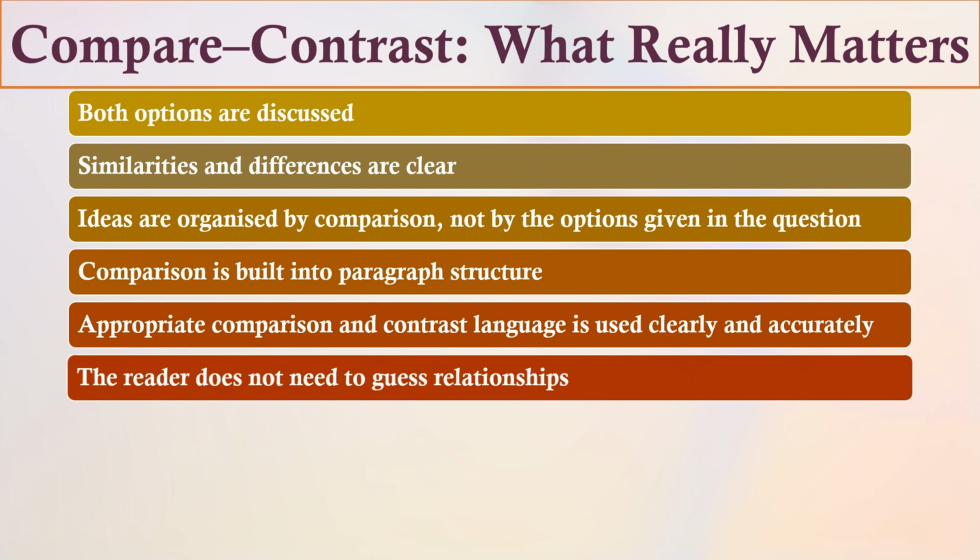Finally, the reader does not need to guess relationships. The connections between ideas are clear and logical throughout the essay. If these points are present, your essay is doing what a compare-contrast task actually requires.